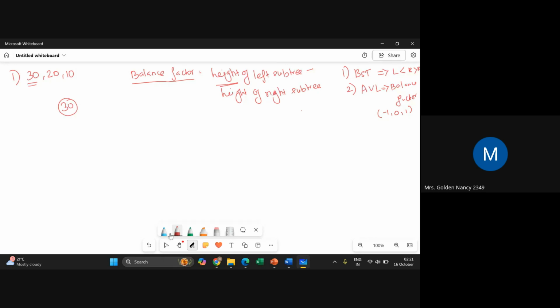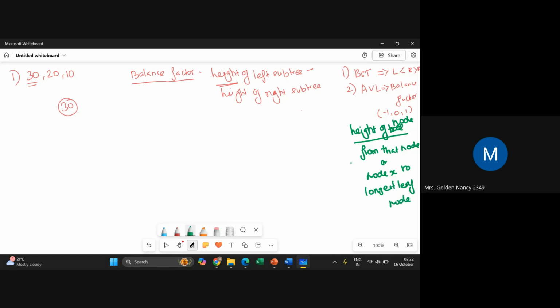I hope you remember this terminology, the height of a node. You take it from the node for which you want to find the height. Or you can say node x. If I want to find the height of a particular node, I take that node as x, from node x to the longest leaf node.